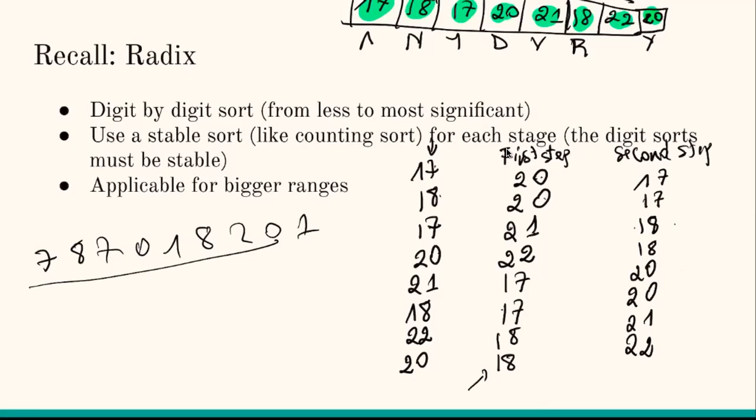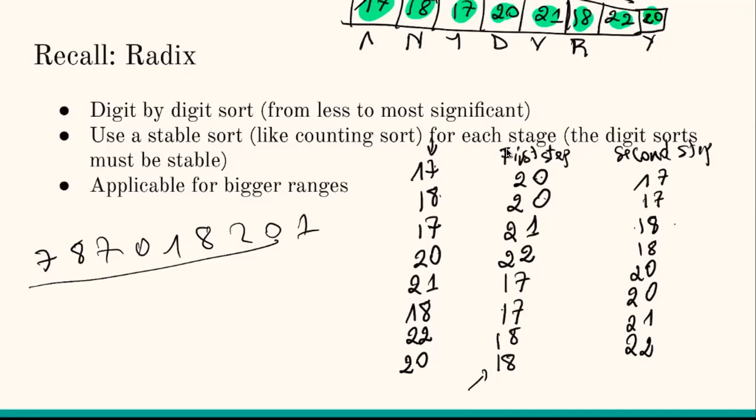So let's discuss the time complexity of Radix Sort. Every time you want to analyze time complexity, think of the operation that you do with respect to the input size.